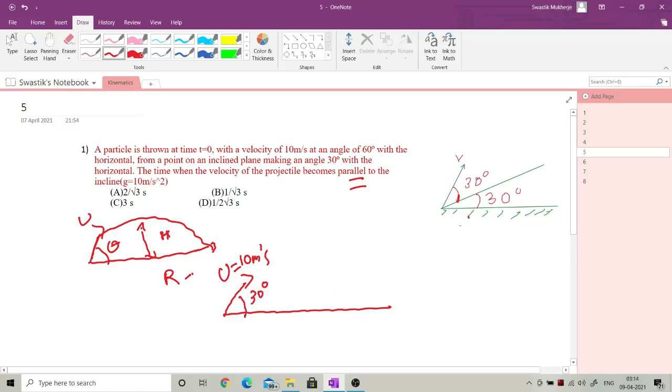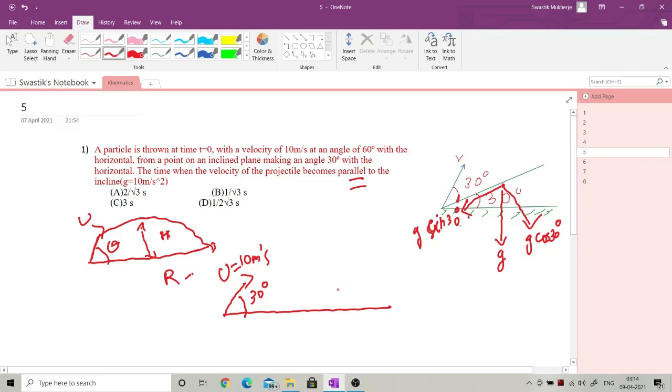Now what are the forces on this particle? It is g, right? So this component is g sine 30 degrees, and this is g cos 30 degrees, and so this is the basic situation.